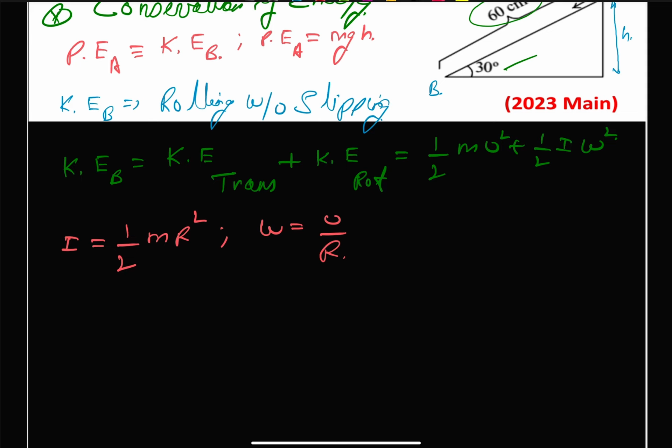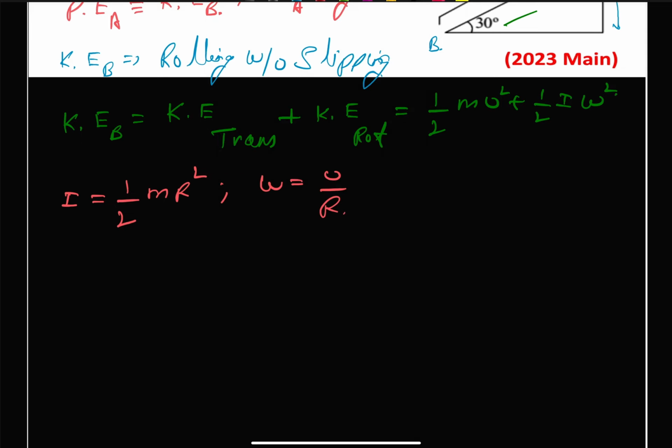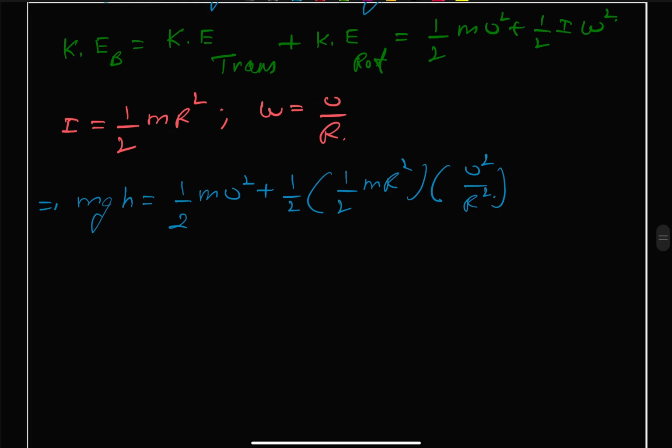So we can use the conservation part, and we can write that our mgh will be equal to half m v square plus half times 1 by 2 m r square times v square upon r square. The r cancels with r, so this will be 1 by 4 m v square, and this is half m v square. 4 will be our LCM, and we have m v square, and this will be 2 plus 1, that is 3. The mass and mass cancel out.